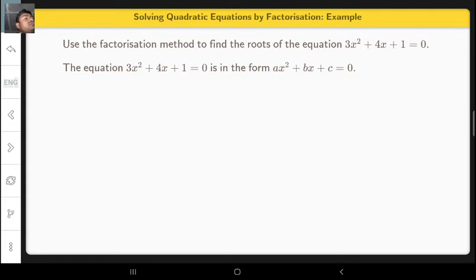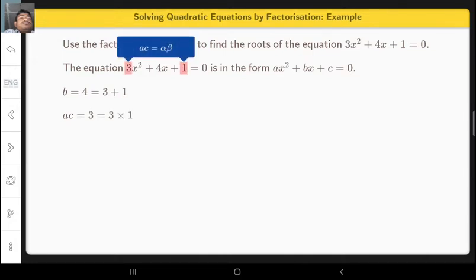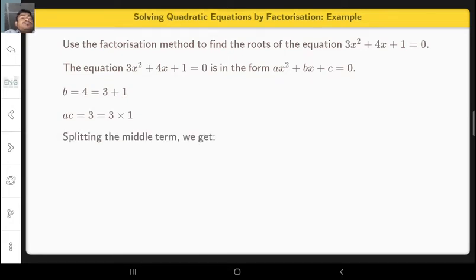Now we split the middle term so that its coefficient b, which is 4, is expressed as the sum of the coefficients of the two new terms, and the product AC is equal to the product of their coefficients, that is, 3 into 1, which is equal to 3. We will find that the coefficients 3 and 1 meet these criteria. Thus, the middle term can be split into 3x and x.